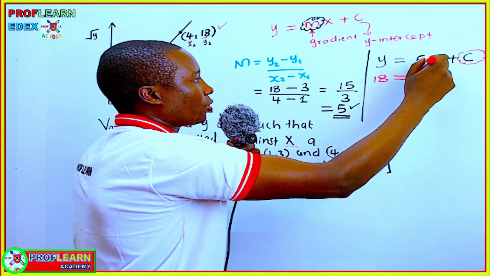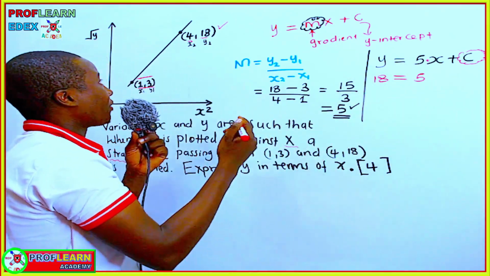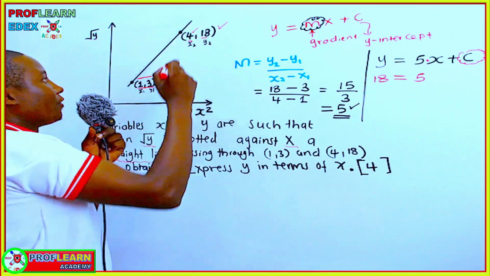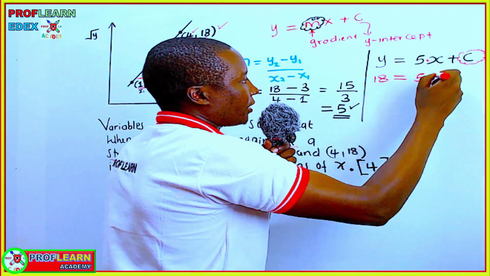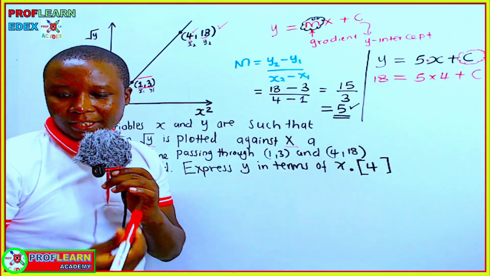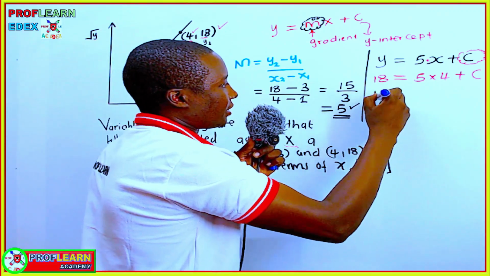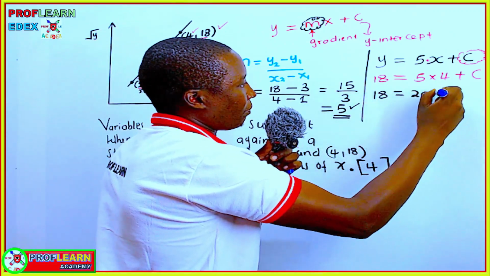times, because 5x means 5 times the value of x, and the value of x is 4 here. So we say times 4, then plus c. So we have 18 equals 20 plus c.